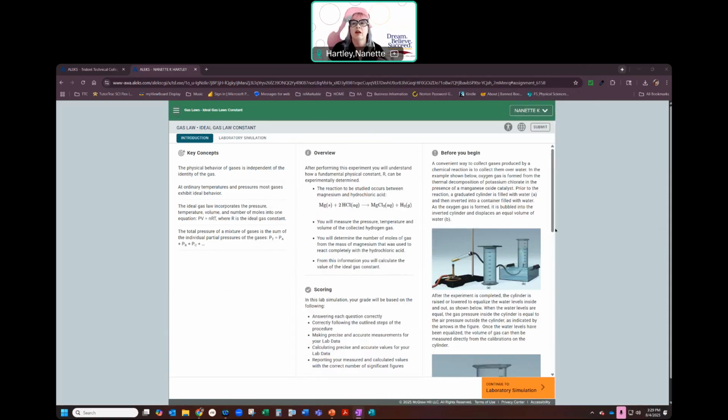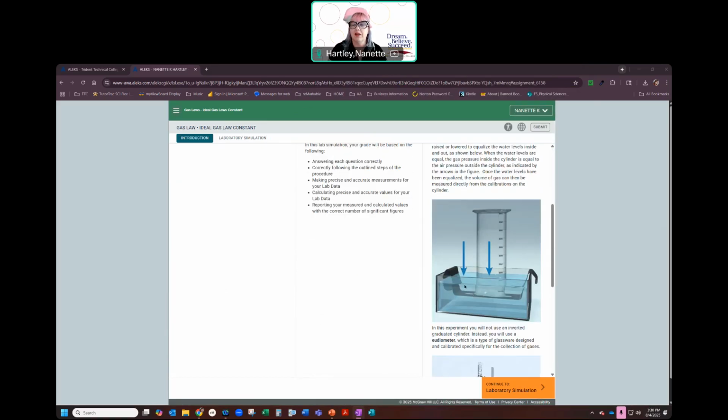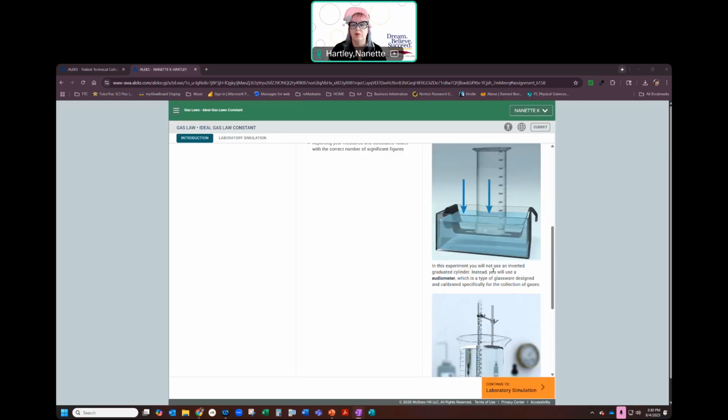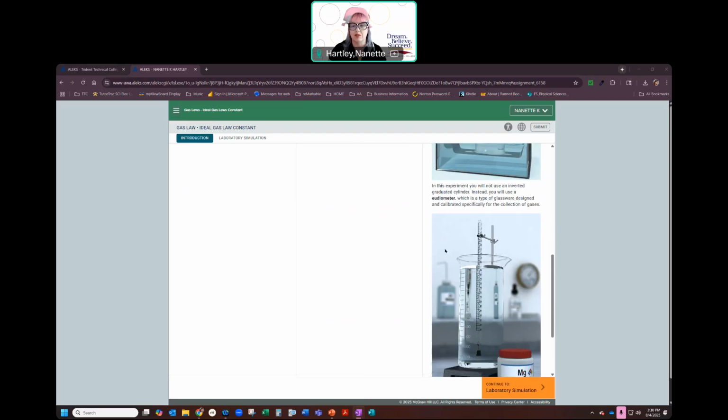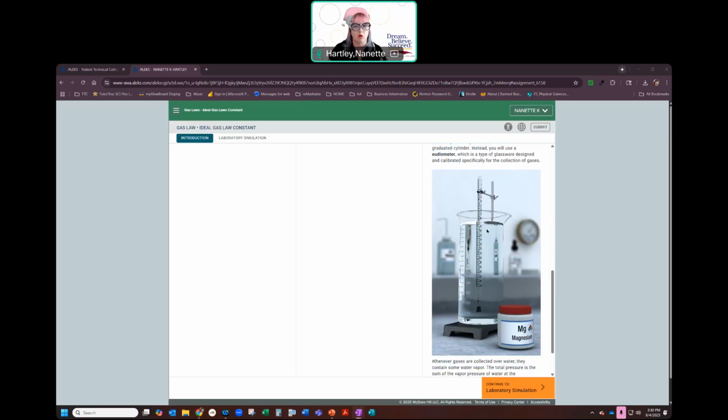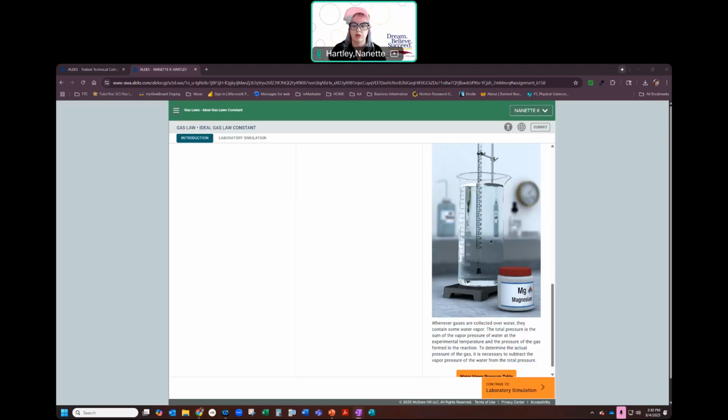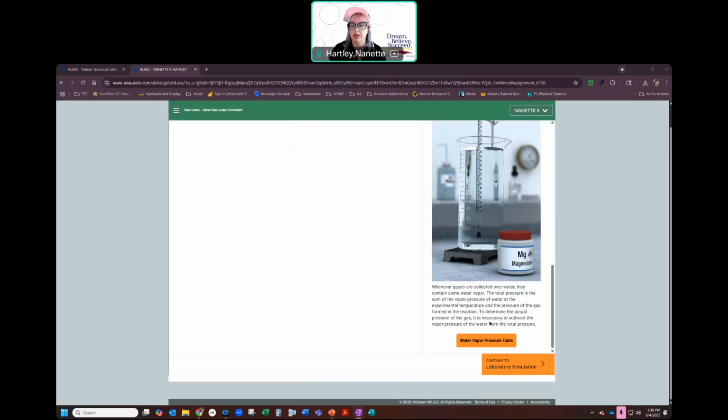Okay. Now, if you scroll all the way down in the before you begin, it talks about how we collect the gases and the fact that there's water vapor pressure in here, and we have to use the eudiometer, I think is how that's pronounced. Don't quote me on that. And so that contains the water vapor pressure too, and so we have to do a correction for that.